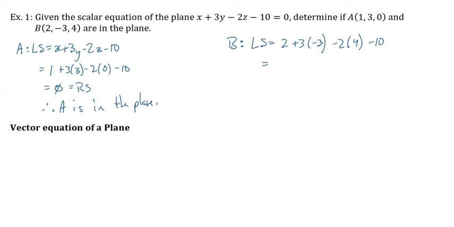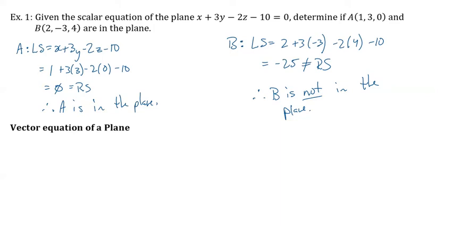So B is not in the plane. Easy enough, right? I mean, again, this stuff all seems simple, but it's when we mix it all together and ask all these different kinds of things and getting used to the thinking and the notation that is challenging. And we're going to do some harder stuff in this unit.